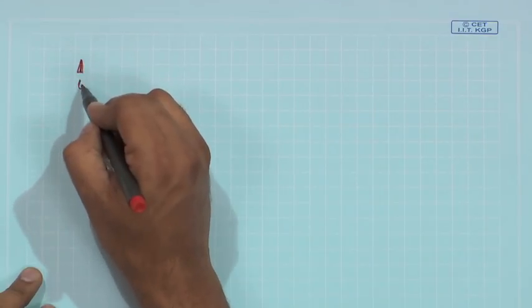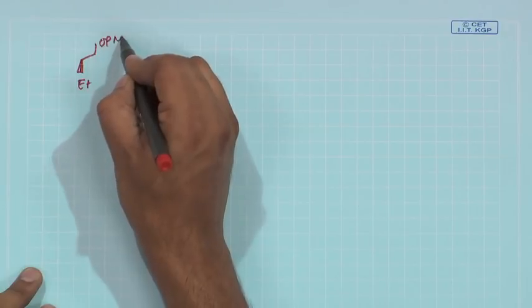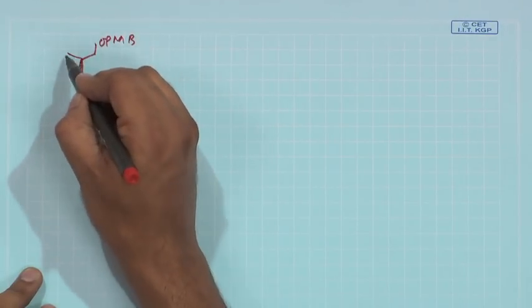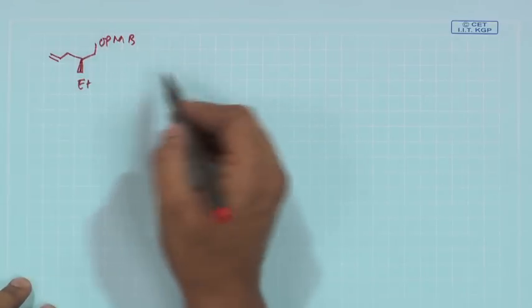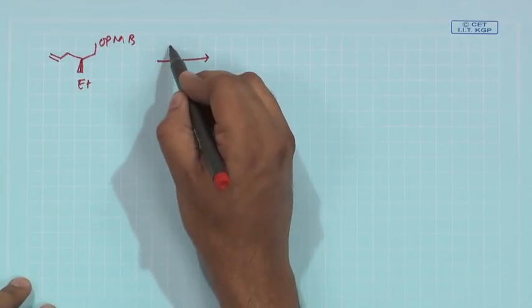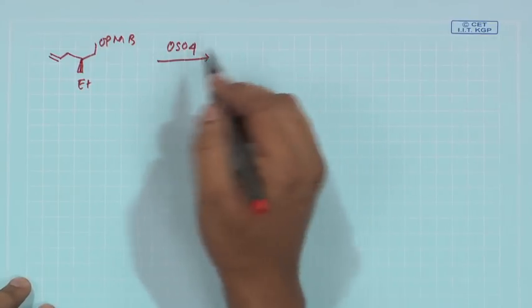Now, if you write the intermediate which we obtained in the earlier slide, then you find that after this SN2 reaction we obtained it here. Now, here you need a dihydroxylation where osmium tetroxide is the preferred reagent.